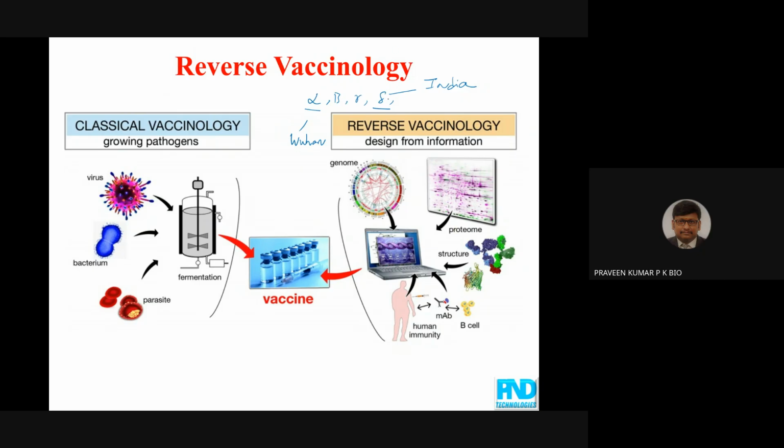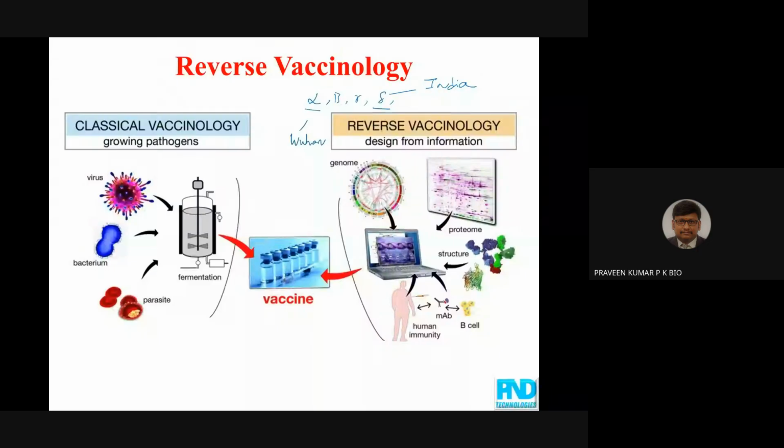The efficacy of Covishield and Covaxin with respect to Delta is less than 20%. So 80% of people won't be protected from the Delta strain. Then what we have to do is come up with a new vaccine specific to the Delta strain. This is what we call the precision medicine approach.